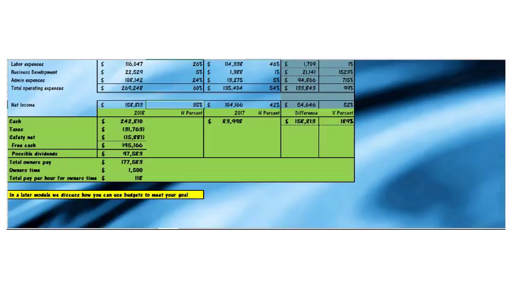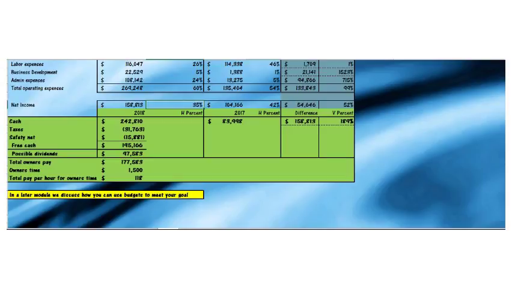So here we see, if these projections are correct, the business gets to have $242,810 in cash. This is a 189% increase from what they had in the most recent period. And then estimated taxes will be at $32,000. And then a safety net. You have to account for those things we don't see.